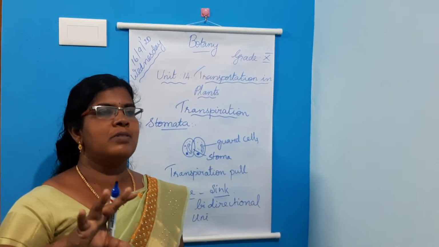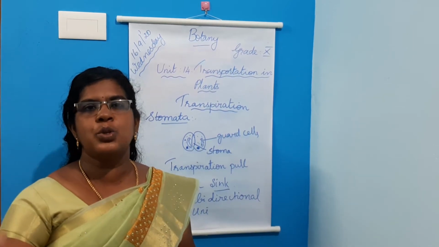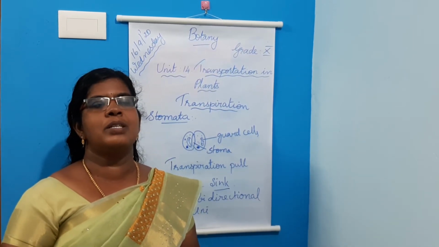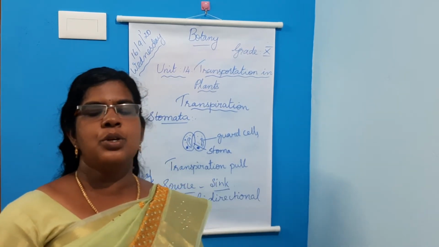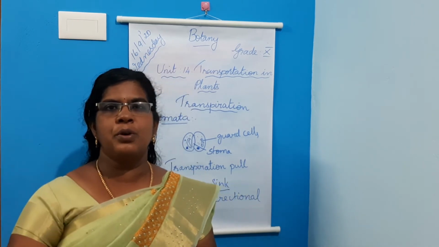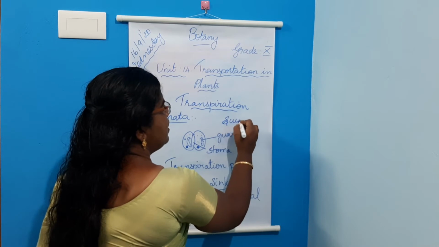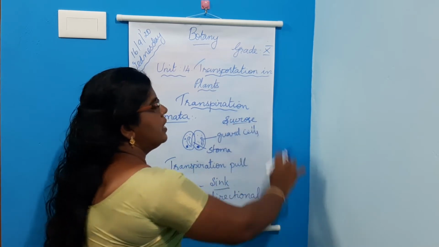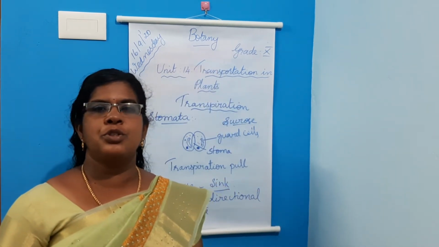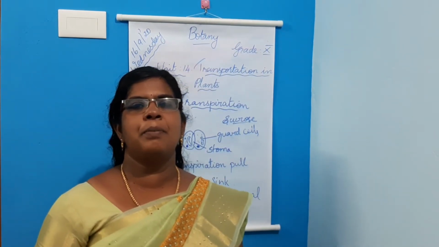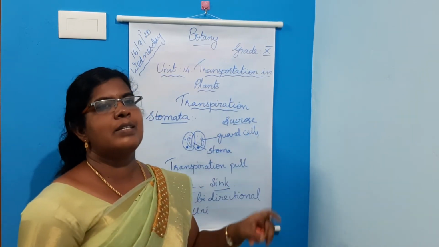The food the plant prepares is glucose. It is converted into sucrose. The sucrose passes through the sieve tubes and companion cells by active transport. So through the phloem, the sucrose is transported through the phloem elements. Phloem consists of sieve tubes, companion cells, phloem parenchyma, etc. Through these, sucrose is transported.